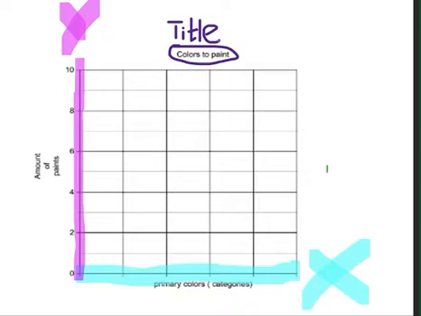It's just generic. In general, what are we talking about? I was talking about paints. I could have been talking about cars and then got specific. I could have been talking about candy, or fruits, and got specific. But in general, I was talking about colors to paint. So that is the title of this graph.